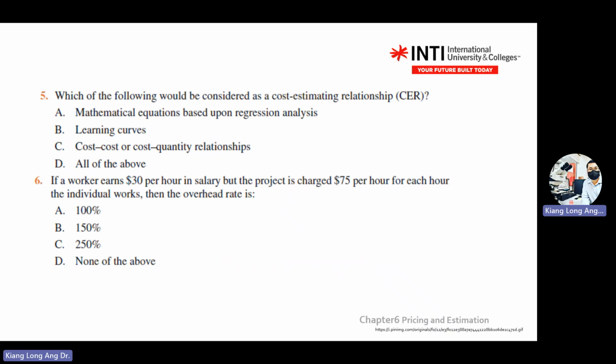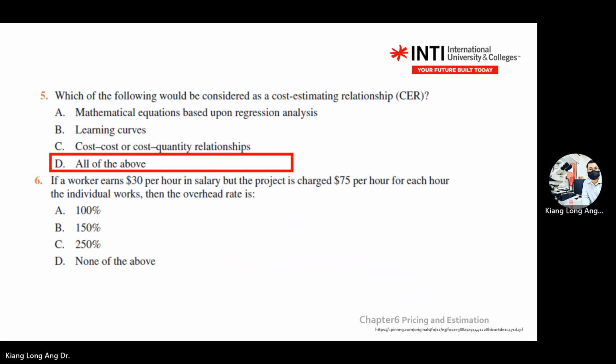The answer is all of the above. We use mathematical equations to find the trend. Learning curve is from the experience. Cost quality, there's one more relationship, I forget what I said. There's one, cost with something. Okay, look back at the slide.